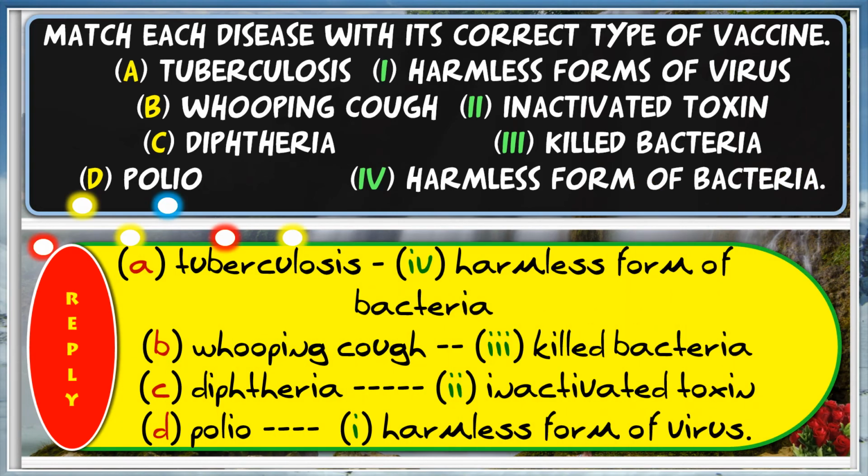A. Tuberculosis, the harmless form of bacteria. B. Whooping cough, it's a killed bacteria. C. Diphtheria, it's an inactivated toxin. D. Polio, harmless form of virus.